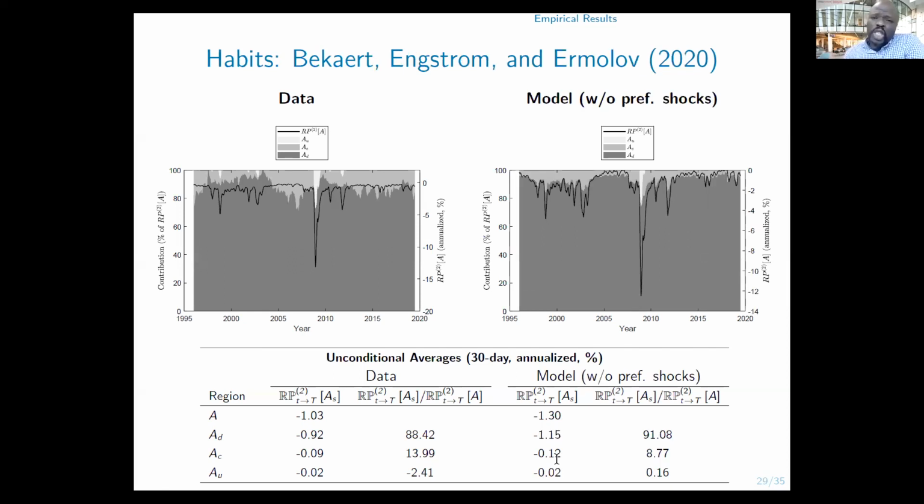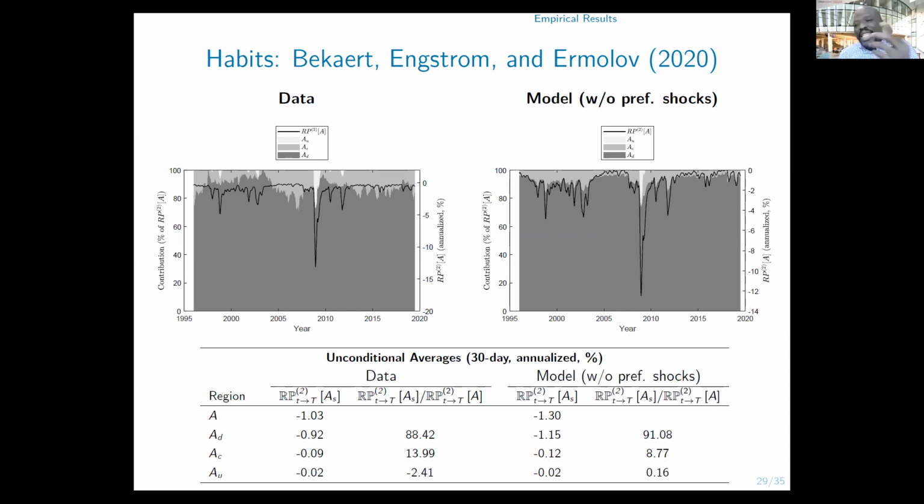This is the model from Beckett, Engstrom, and Ermolov without preference shocks. If you look at these two graphs, you can see that the left-hand side is almost close to the right-hand side graph. So the model without preference shocks seems to better explain each decomposition of the variance risk premium over time.